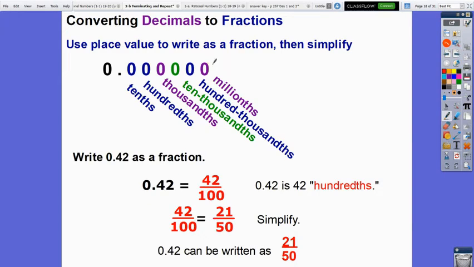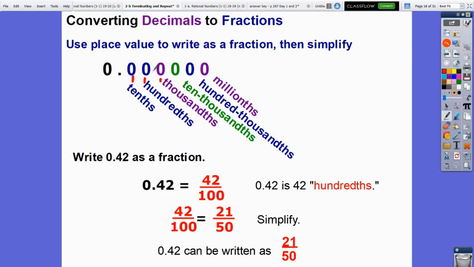One more convenient notes page here. If you are not good at your decimal place values, remember the first place after the decimal point is tenths. The next one is hundredths, then thousandths, and you could keep going if you want to. We will not see anything further out than thousandths.